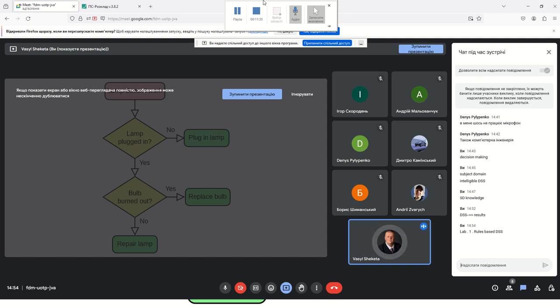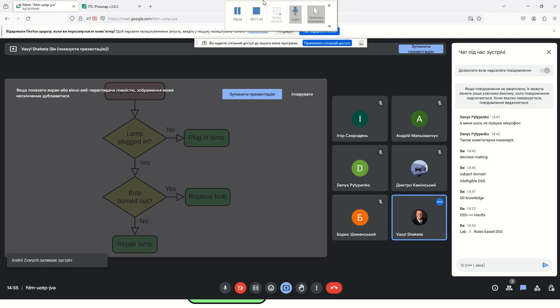I suppose it would be such basic, very known tools like C, C++, Java, C#, Python.